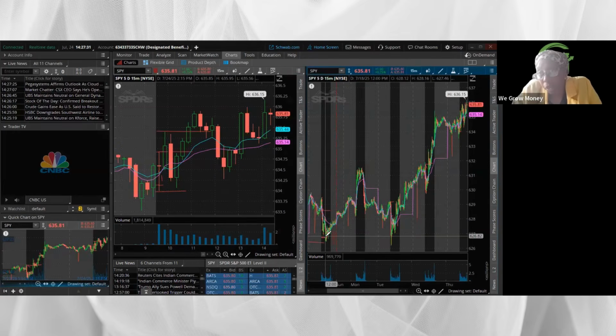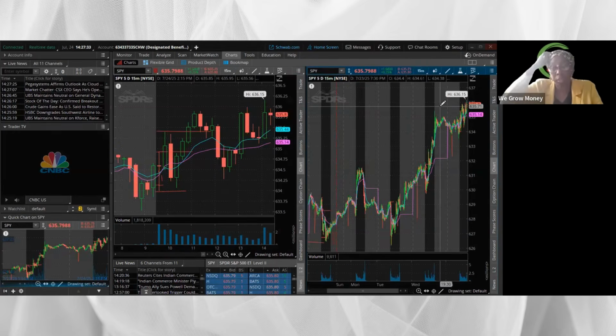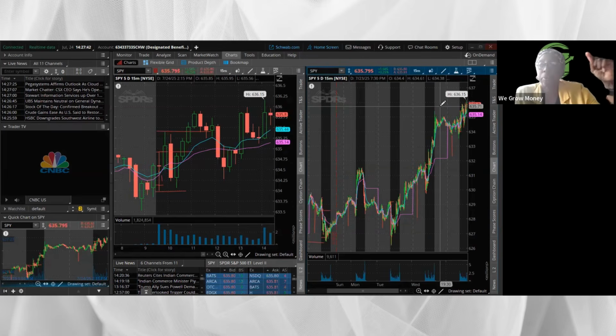SPY went from 626. Look, it went up $10 in 1 week. If you were in this contract, you're already making money because you make like 20-something dollars per contract or $30 per contract. But each day you hold it, it kept going up.